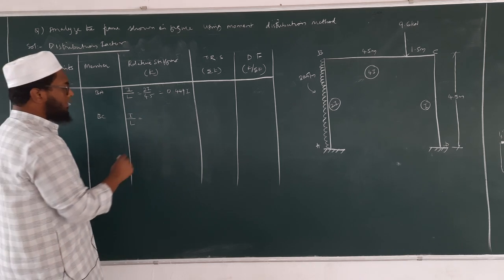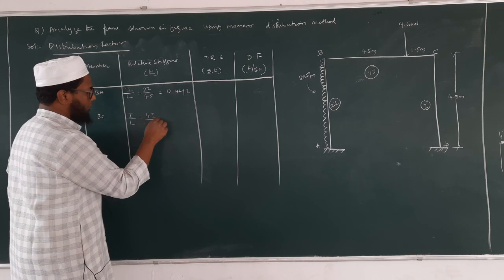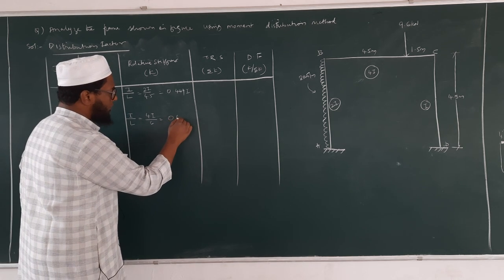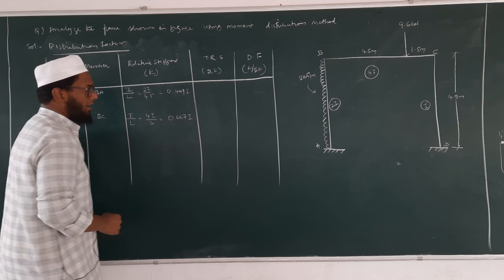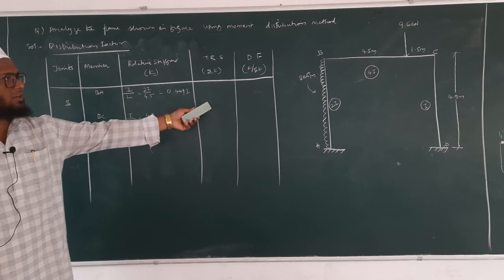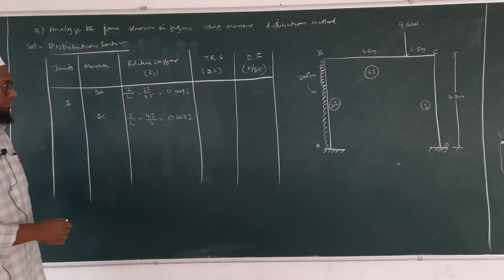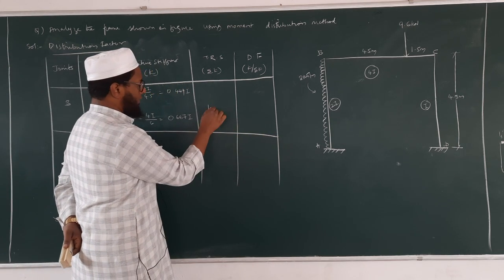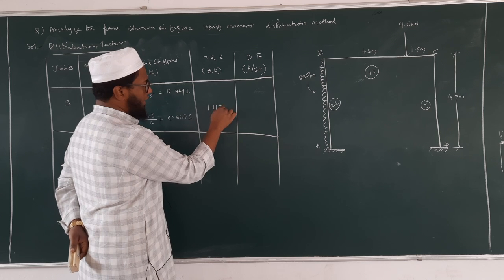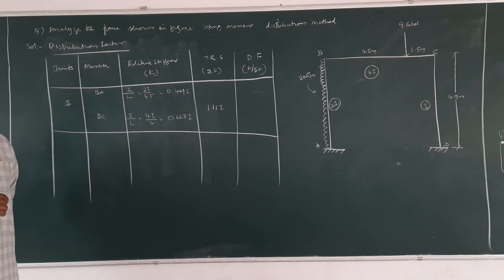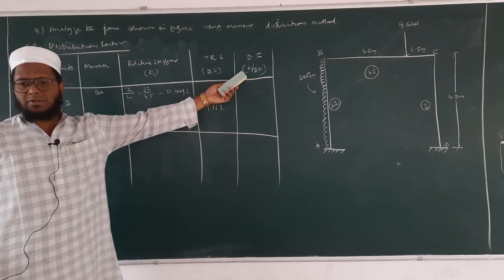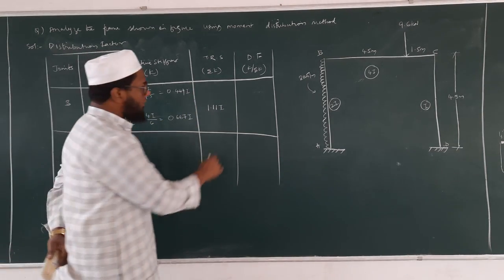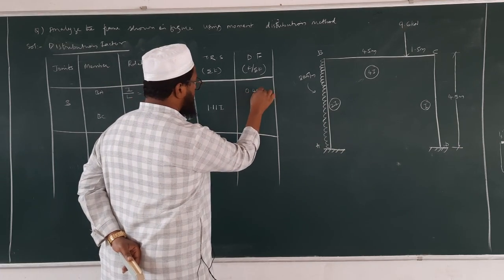It is 4I by 6, how much? 0.667 I. Now add these two terms to get total relative stiffness: 1.11 I. Now what will be the distribution factor for this one? 0.444 divided by 1.11, that is 0.4.